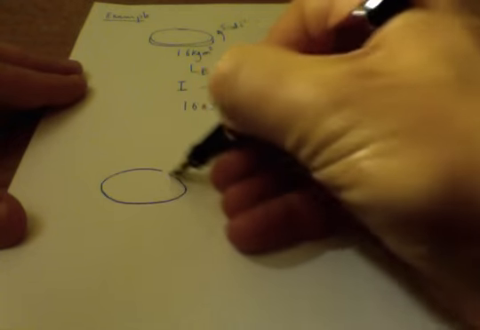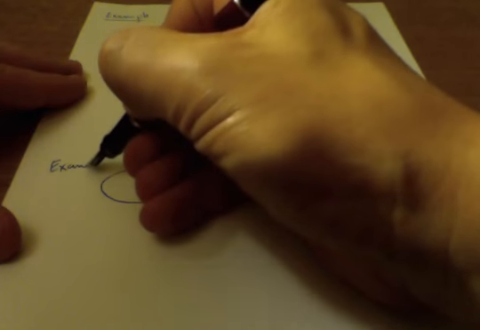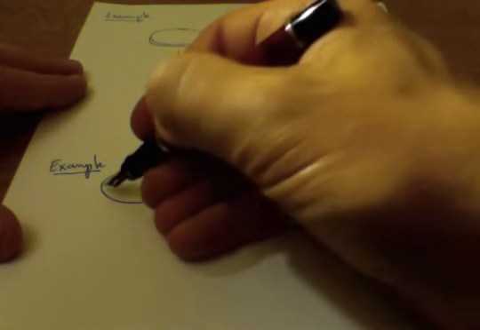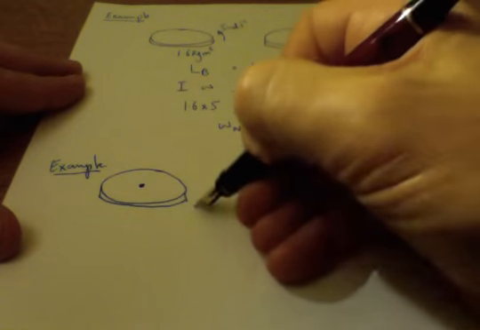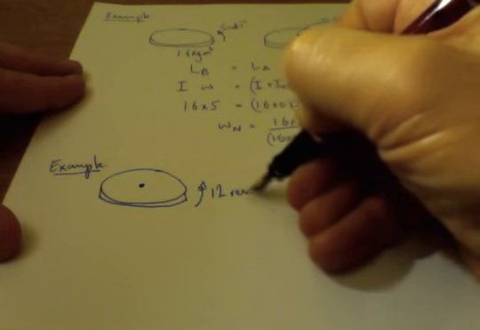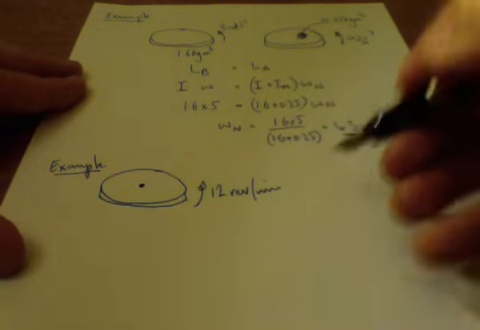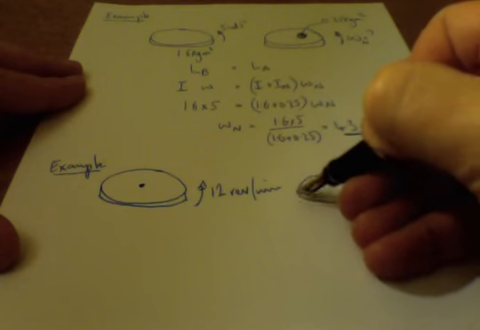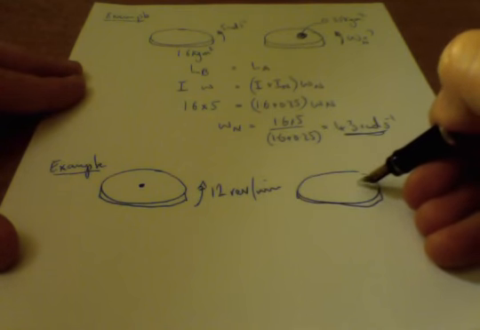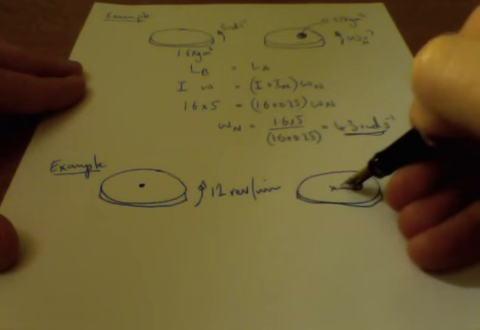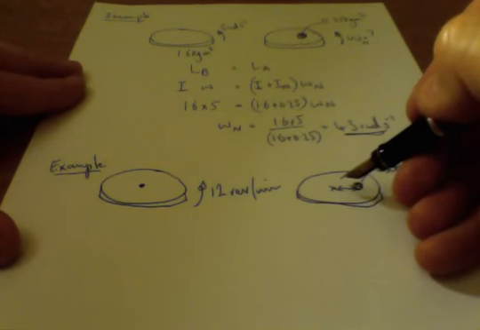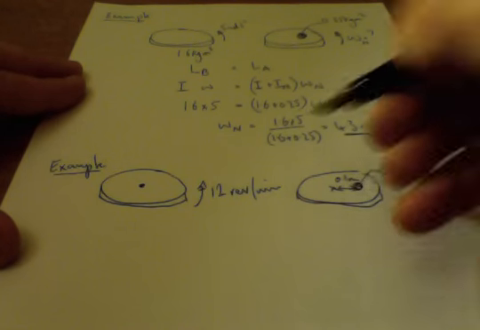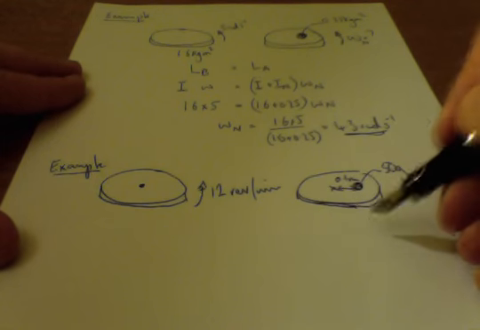Good. Slightly more complicated version, much the same this time, another step involved. Let's imagine that we have a few more steps this time actually. A rotating disk is moving at 12 revs per minute, and then we deposit a mass of 50 grams at 0.1 of a meter around its axis of rotation.